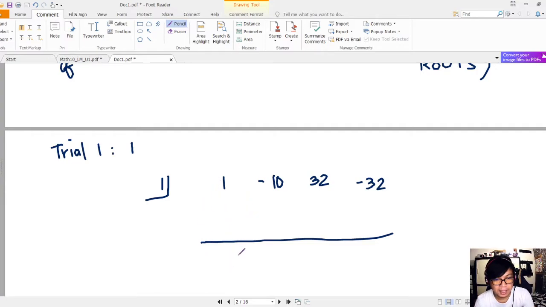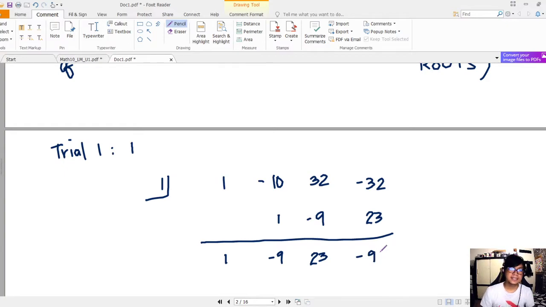Okay, bring down 1. 1 times 1 is 1. Negative 10 plus 1 is negative 9. Negative 9 times 1 is negative 9, plus 32 is 23. Tapos, 23 minus 32 is negative 9.